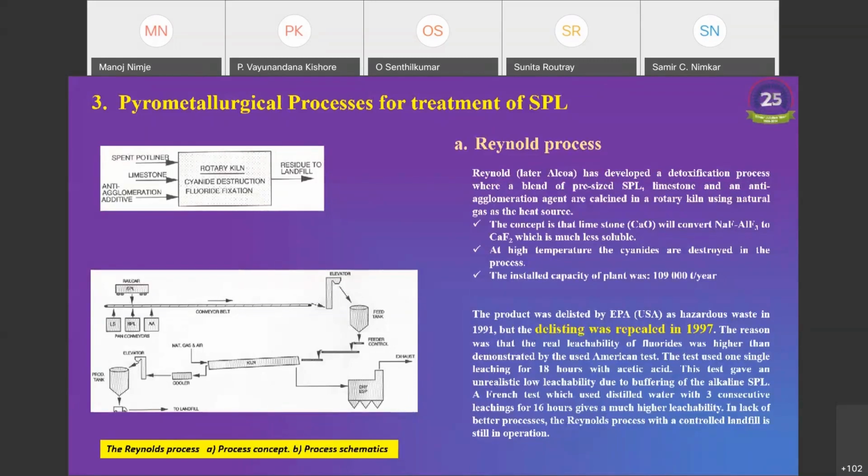The concept of the process was that the limestone, that is calcium oxide, will convert the fluoride present in SPL to calcium fluoride, which is insoluble in nature. And at the high temperature, the cyanide present in the SPL will be destroyed during the process.